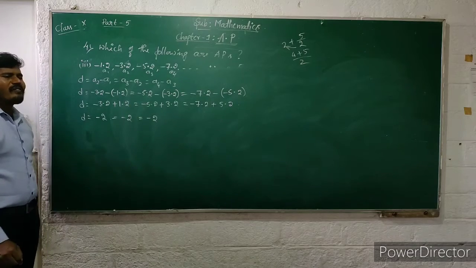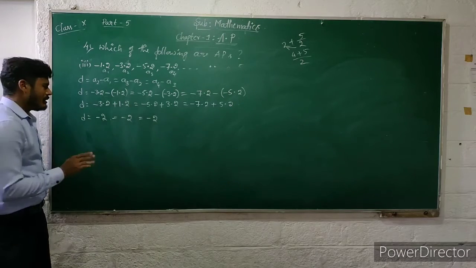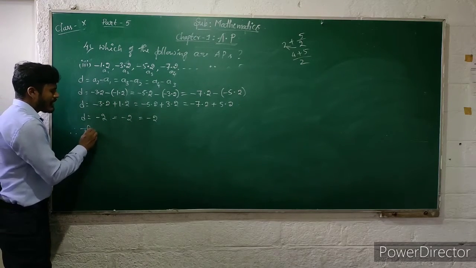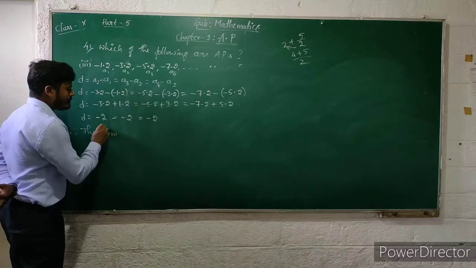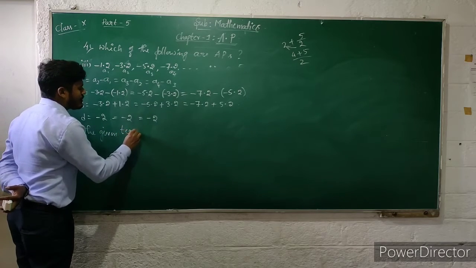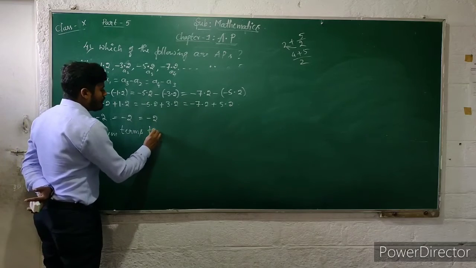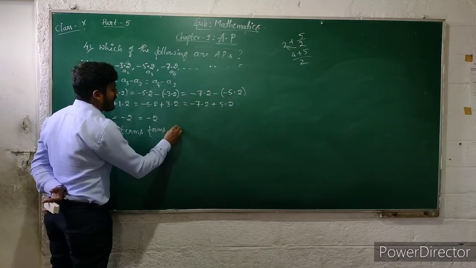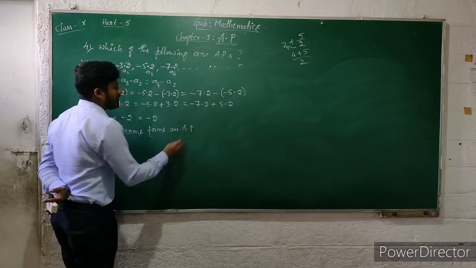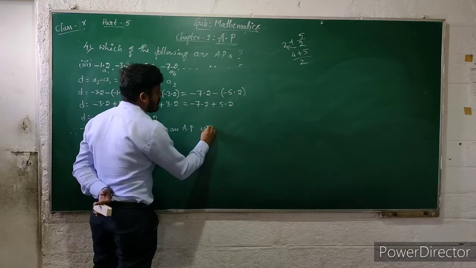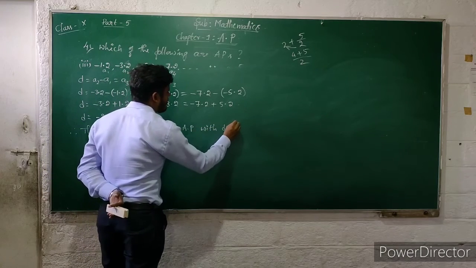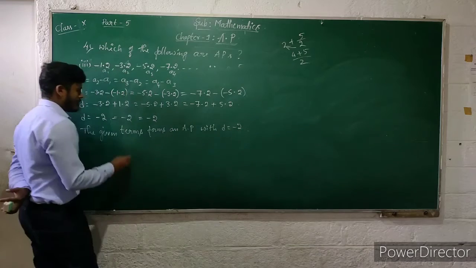So all the common differences are the same. Therefore, the given terms form an AP with the common difference minus 2.